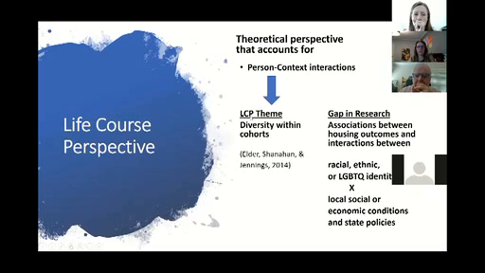And then I wanted to look at person-context interactions. So here in the US, there's well-documented research that shows that particularly people who are Black and LGBTQ people face discrimination in housing in the US.